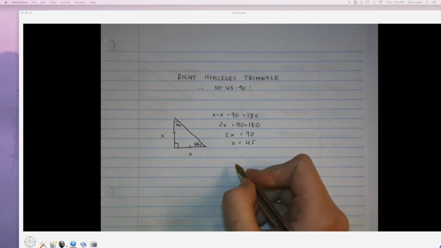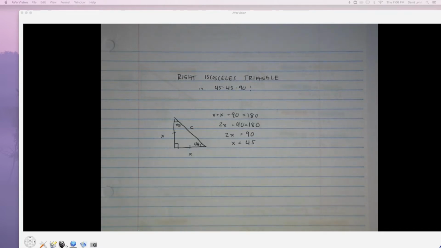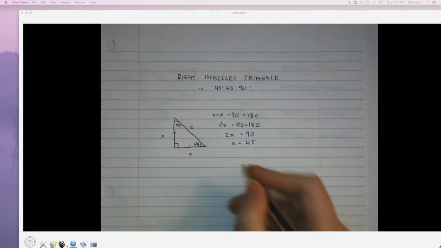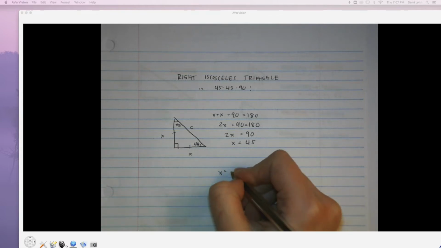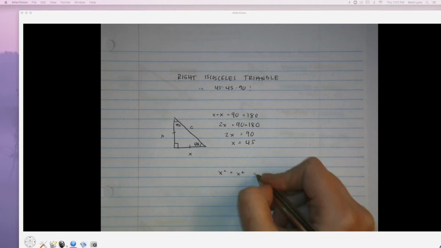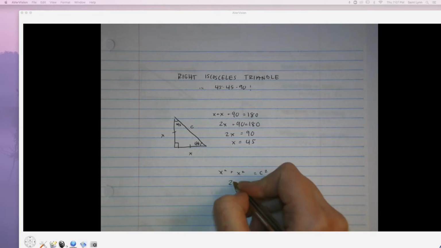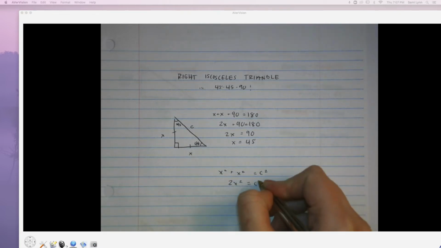So let's solve. I'm going to give my hypotenuse C because I'm going to use the Pythagorean theorem to solve and see what proportional relationship we have here. So I'm going to have X squared plus X squared, because those are both of my legs, equals C squared. And then I'm going to simplify. I've got 2X squared equals C squared.